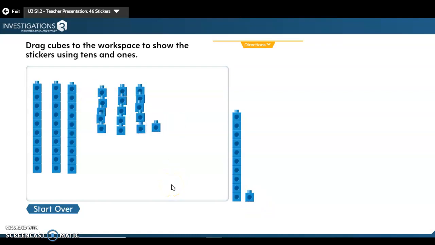So our totals here would be 3 strips of 10 and 16 singles. Let's count those just to make sure. We've got them in rows of 5, so it's easier to count by 5s. 5, 10, 15, and one more makes 16.